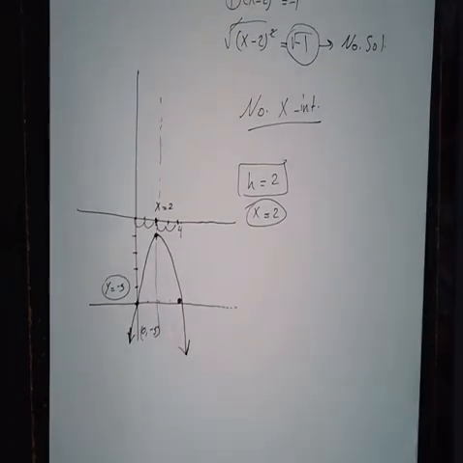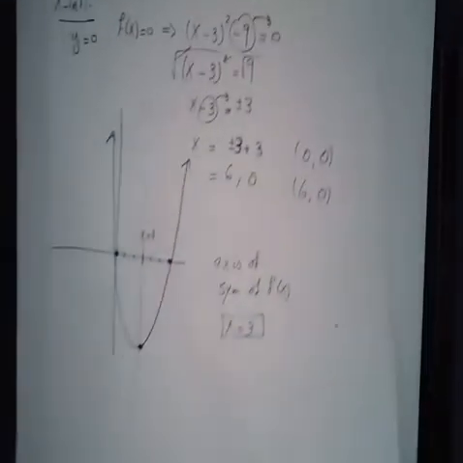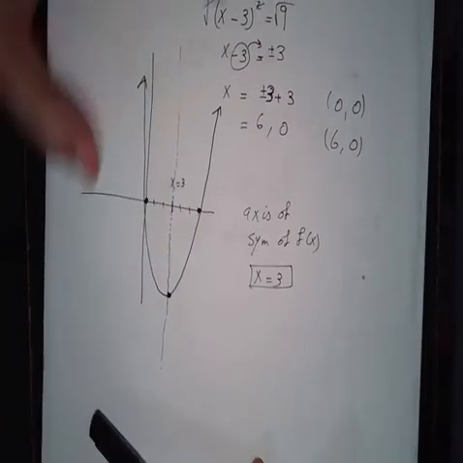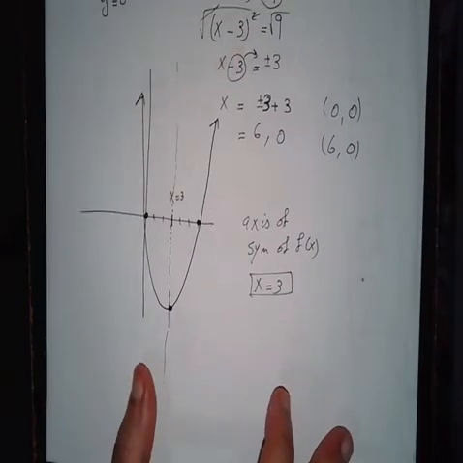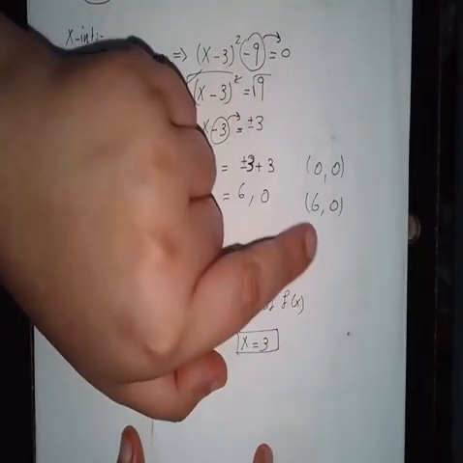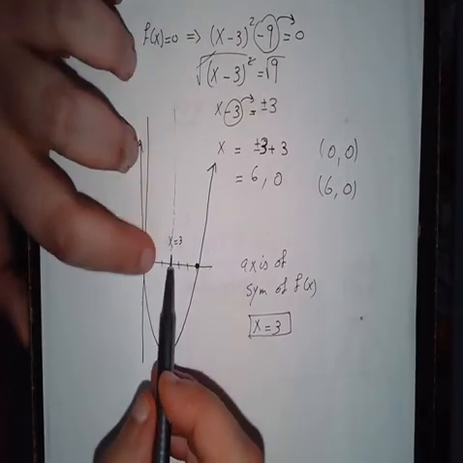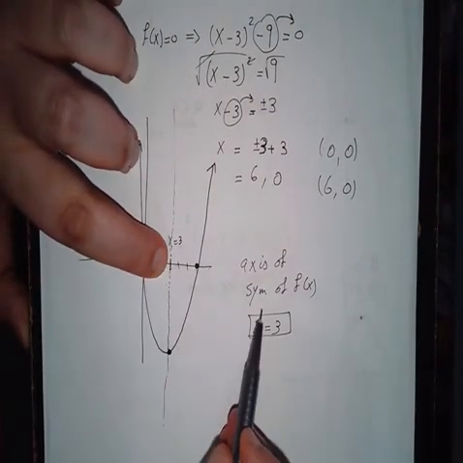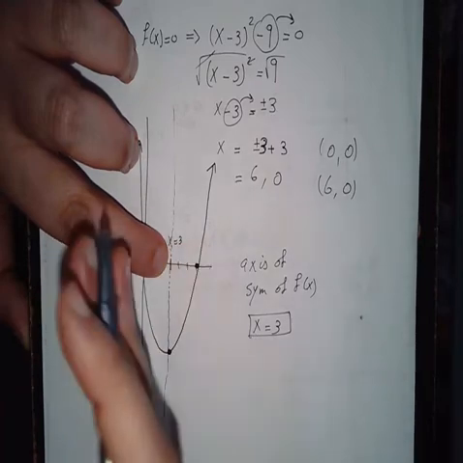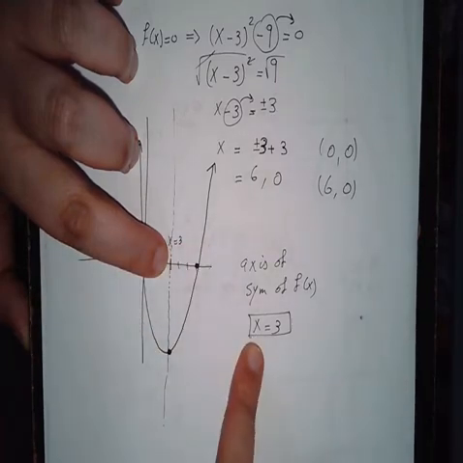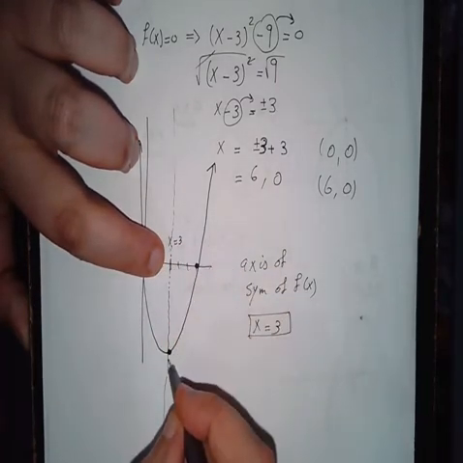Now, just for reference, let's go back to the previous example and show you that we technically did the same thing. We didn't have to actually think about it because there we did have x-intercepts. But just to demonstrate, here we go. x equals 3. That was my axis of symmetry. In the previous one, it was 2. This one is 3, right? Here's my vertex.